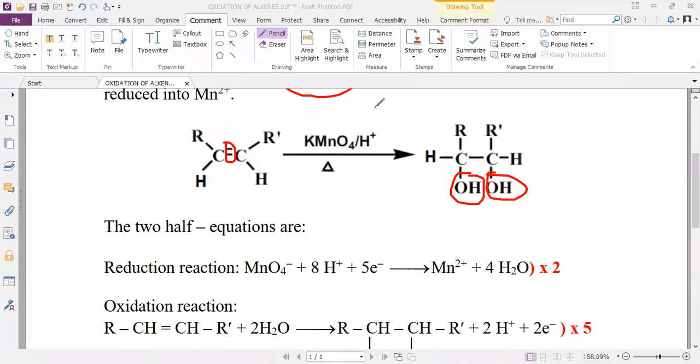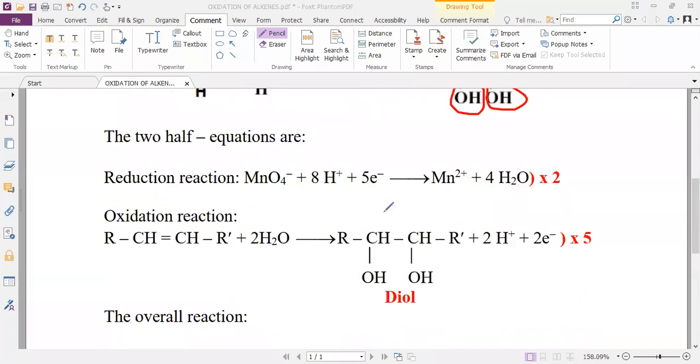In order to balance this equation, first of all, we balance the element which is not oxygen, Mn. Here we have one Mn, and here we have only one Mn, so Mn is balanced.